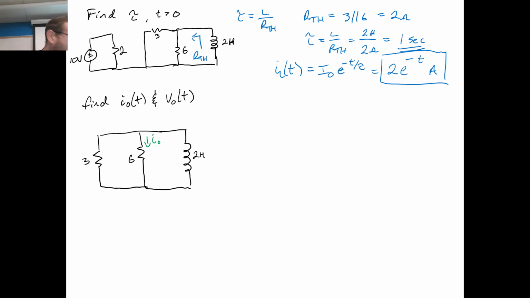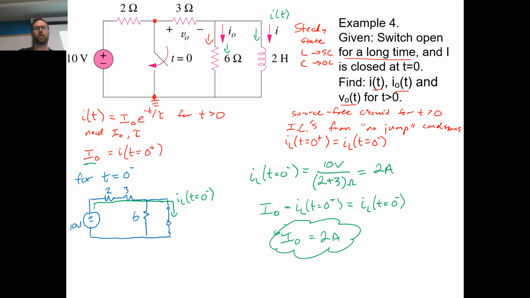Okay, and then IL of t, remember, has been shown as going downwards through the 2 henry inductor. We solved for it based on the direction shown to us here, going down through the inductor.